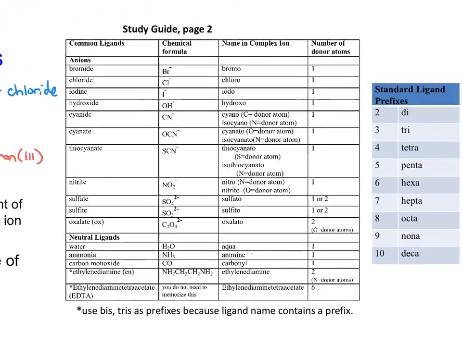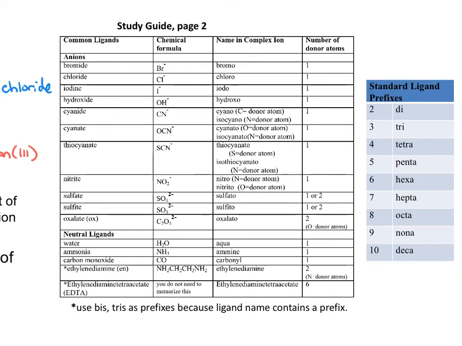This is a reminder of what's in our study guide for chapter 25. This page number is not correct. And a list of the ligands we've been discussing. One important note here, we use bis and tris as prefixes because the name contains a prefix for ethylene diamine or EDTA.